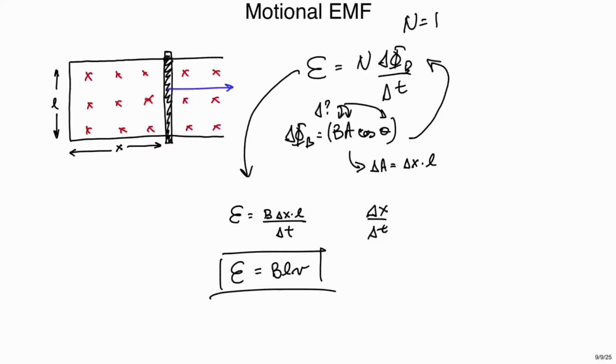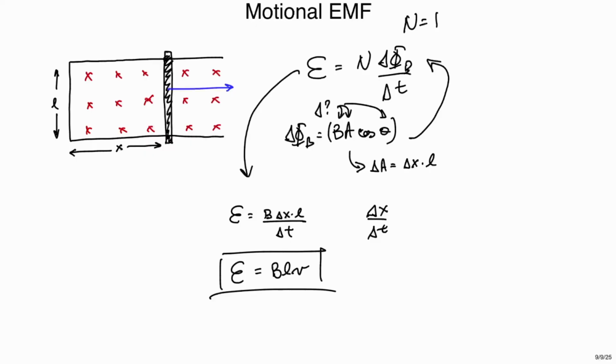Motional EMF is a voltage that is produced when a conductor moves through a magnetic field. In this case, our conducting bar is sitting on a pair of tracks, which allows the circuit to be completed, and the voltage will cause a current to flow.